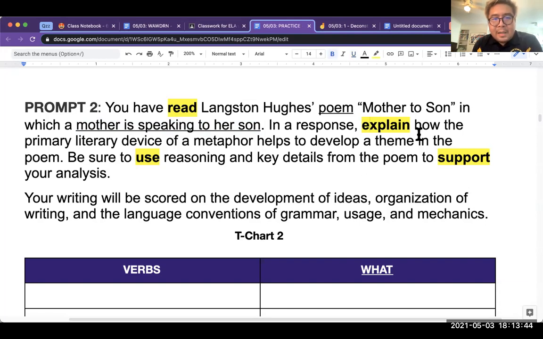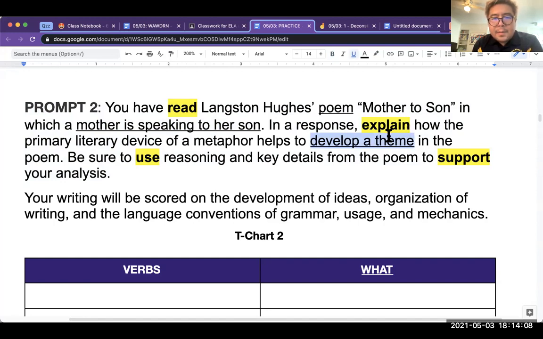Okay, this is a lot right now. Explain how the primary literary device of a metaphor helps to develop a theme in a poem. All right. Maybe I don't know what the word metaphor means. Maybe I don't know what literary device means. But I do know theme. And I'm going to underline develop a theme and work backwards from there.